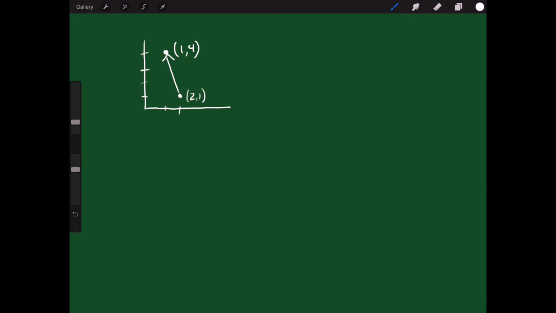Okay, so what I'm going to do is take the point that's being pointed at and subtract the initial point from it. So, let's call this V.